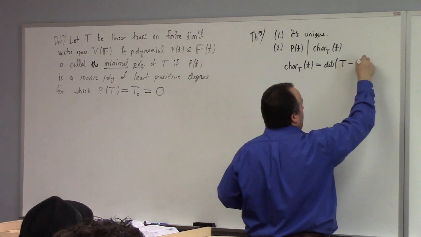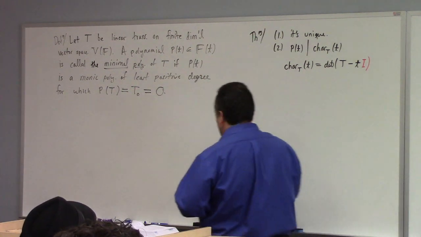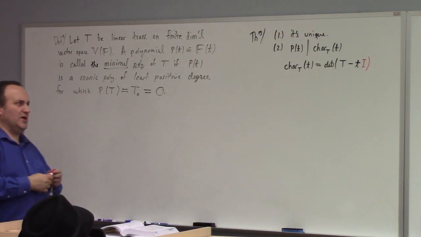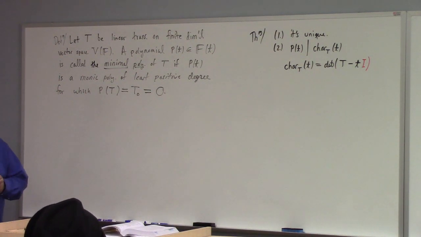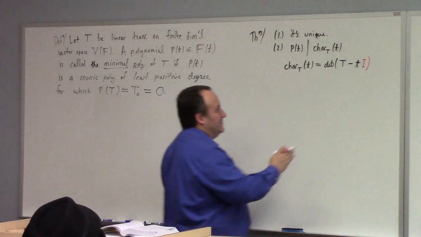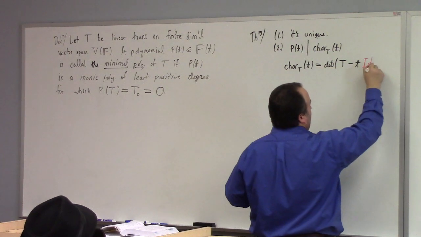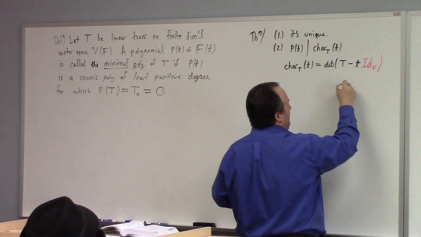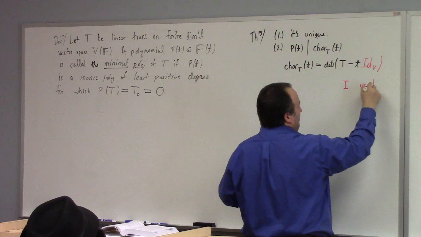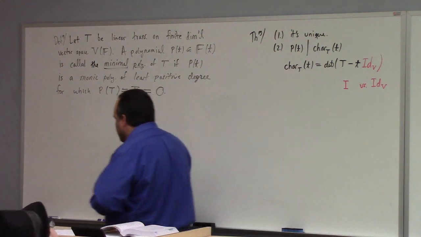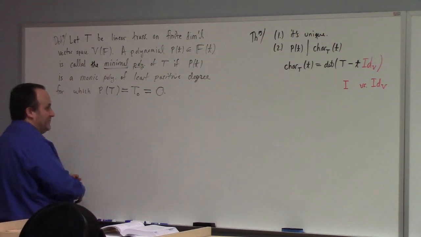So you can put an I there if you think that's more clear, and it certainly is. Although I would say that's the identity map. So if I really was going to be clear, I would probably write this, because I like to distinguish between the matrix I versus the identity map on V personally. But anyway, I'm not even writing the I, so what room do I have to complain?